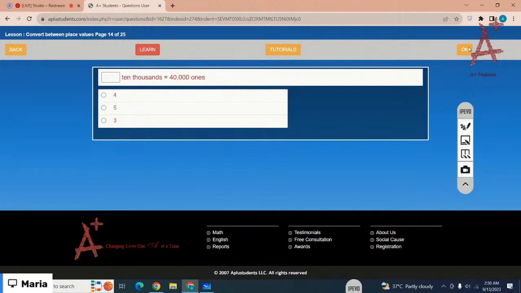40,000s equal how many 10,000s? Yes, that is 4 10,000s.